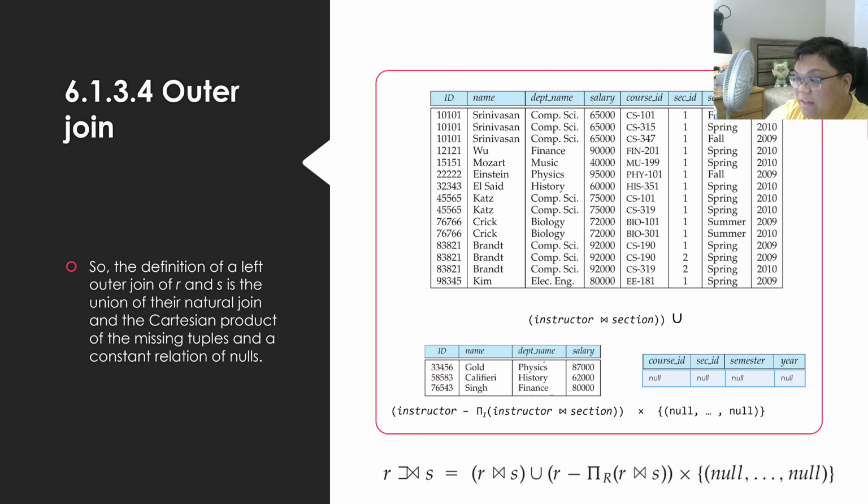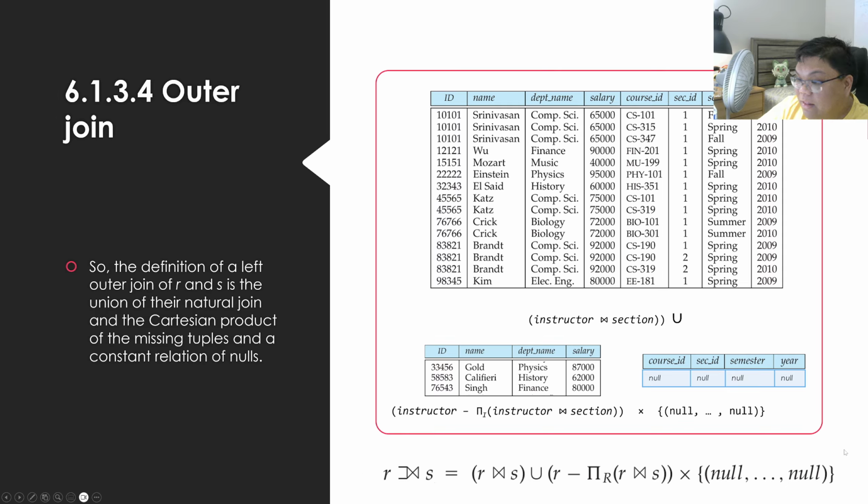So it's natural join, I put an extra parenthesis that I shouldn't have here, union this Cartesian product, where one relation is instructor minus pi sub I of instructor natural join selection, and this constant relation full of nulls.